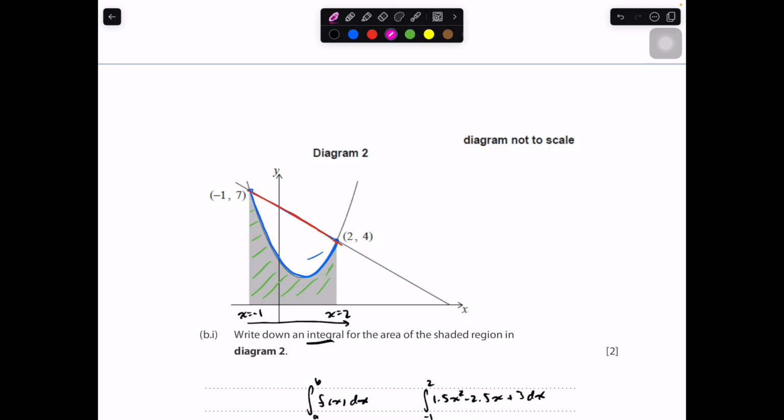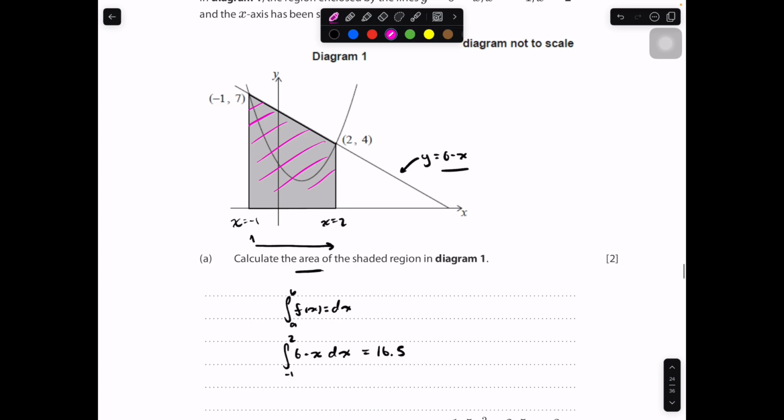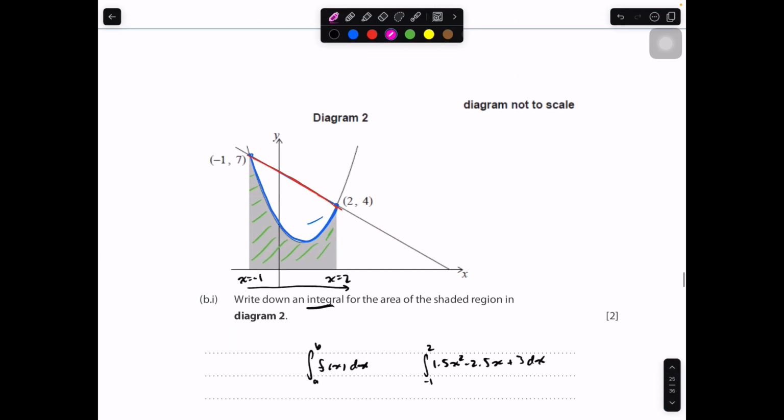If we call the first A1 and this A2, what do we know?